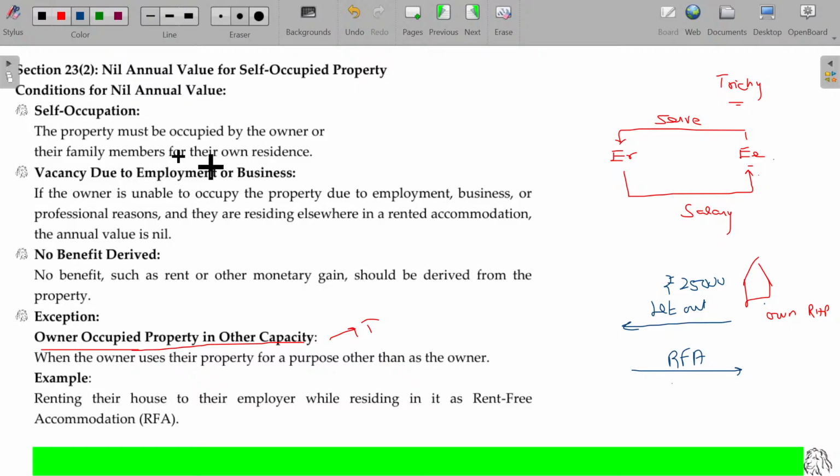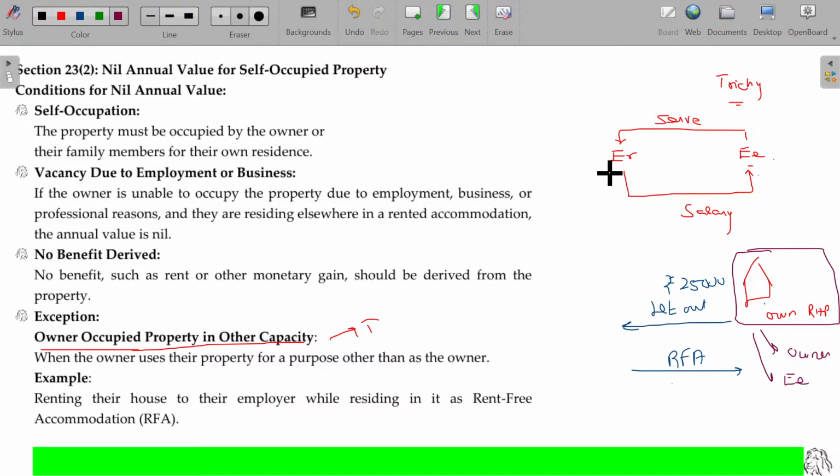Right. So in this case, what happens? He is now occupying here not as the owner of the house property, but as an employee of this employer. So he is occupying not in the owner capacity, but in some other capacity. Some other capacity means being the employee of that employer.